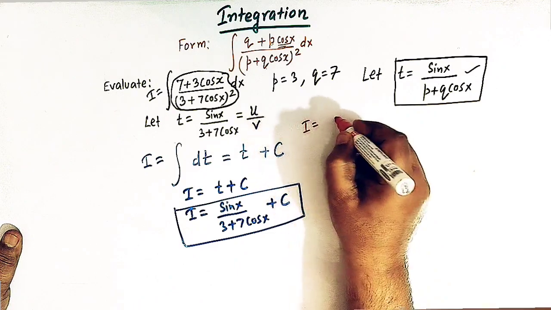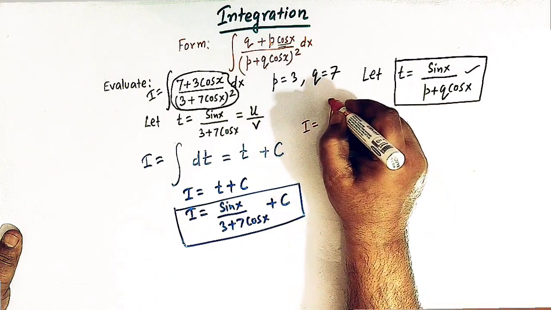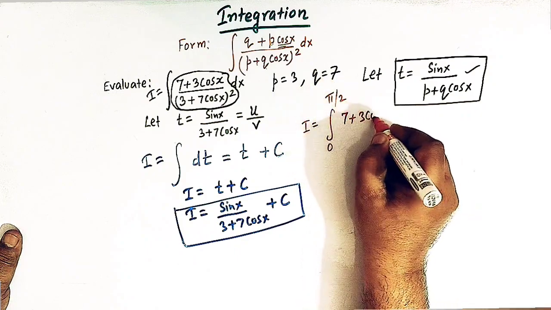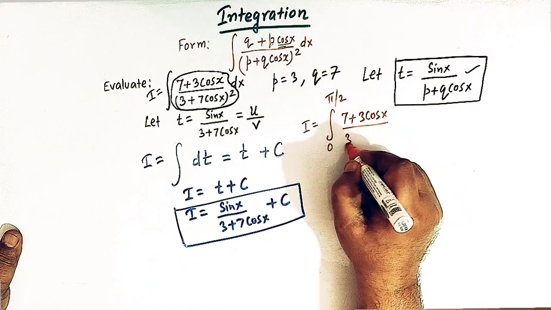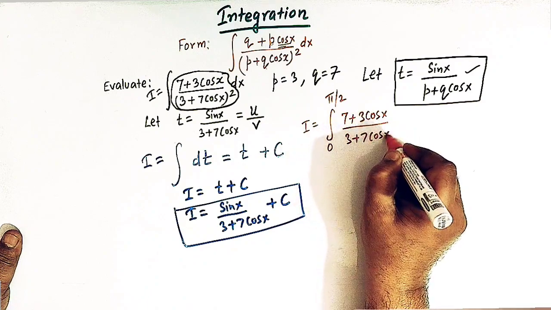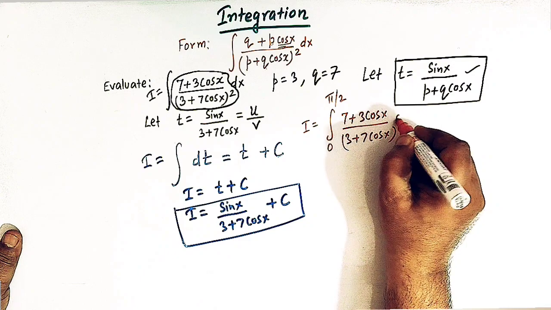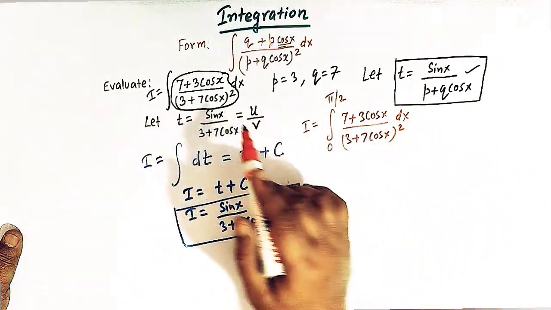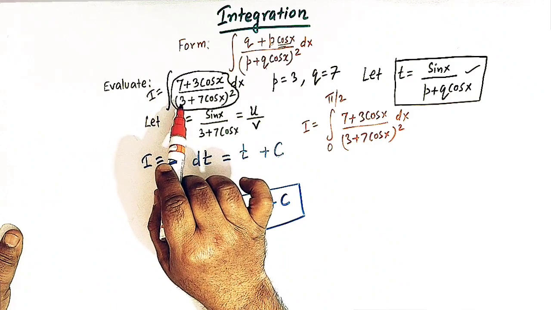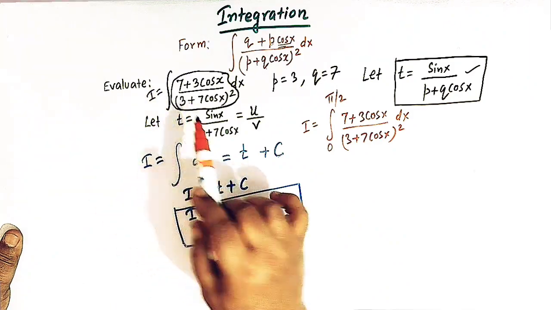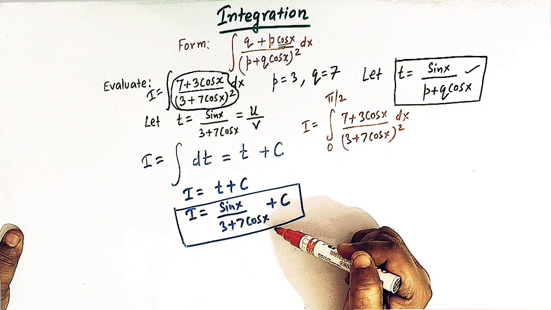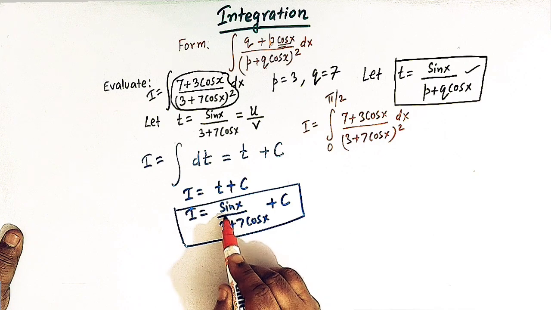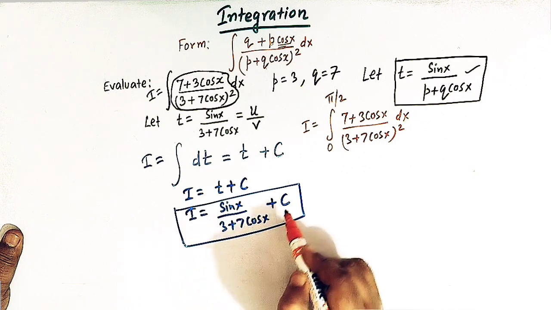Suppose we want to evaluate this integral, that is from 0 to pi by 2, (7 plus 3 cos x) divided by (3 plus 7 cos x) whole square dx. Then we will first find the indefinite integral of this function as we have discussed over here, and the indefinite integral is given by sine x over (3 plus 7 cos x) plus c.